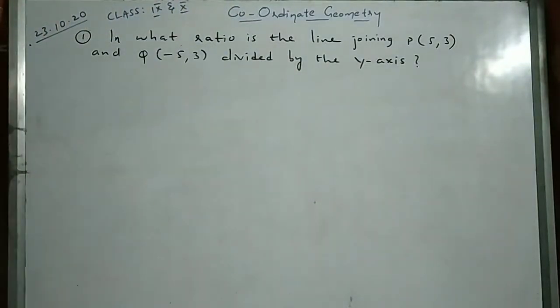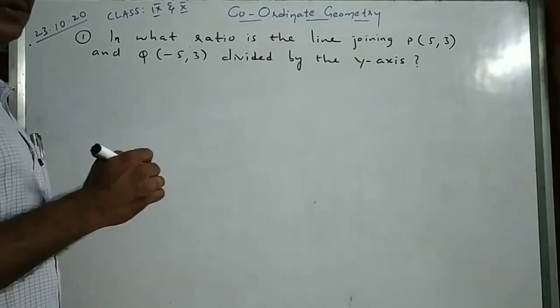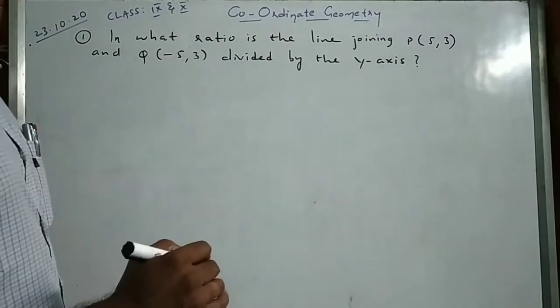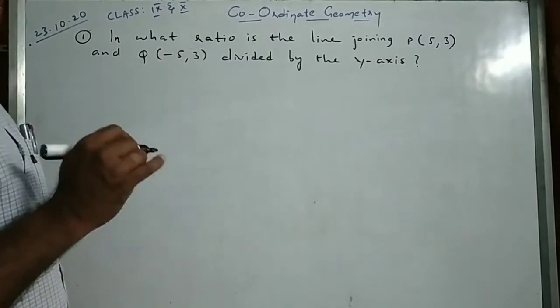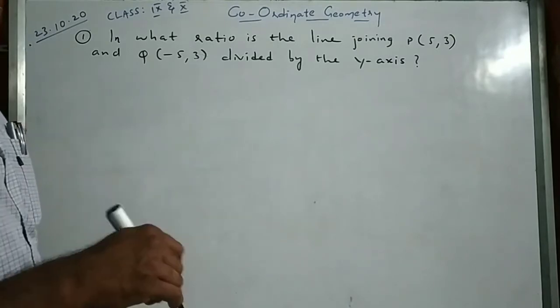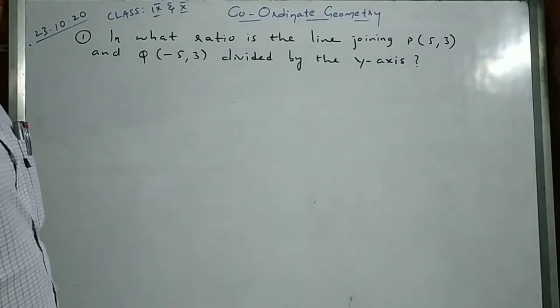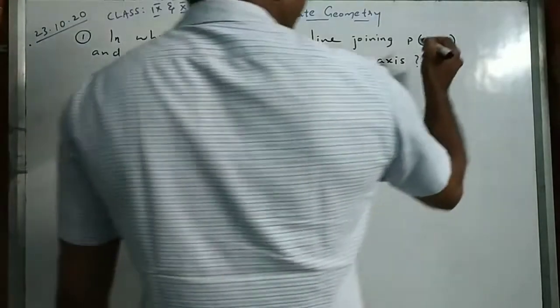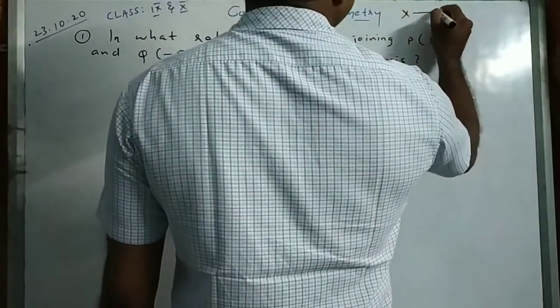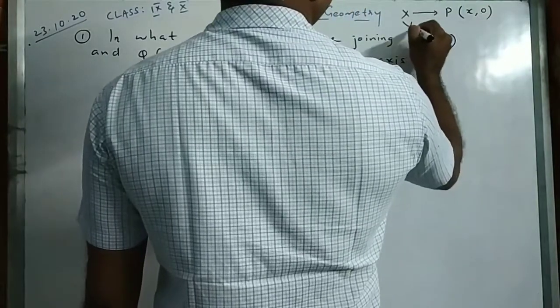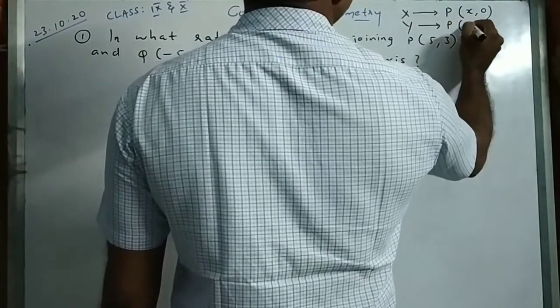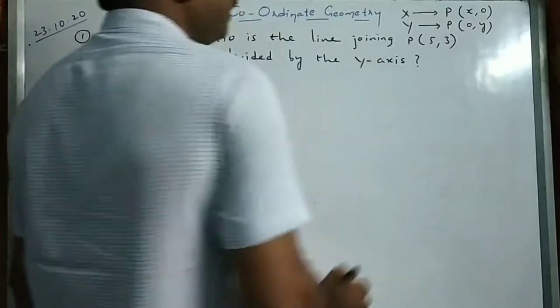Already I told you, y-axis means x coordinate is always 0. On y-axis, x coordinate is always 0. On x axis, y coordinate is 0. If it is x axis, we will take division point as x comma 0. If you take y axis, we will take division point as 0 comma y.